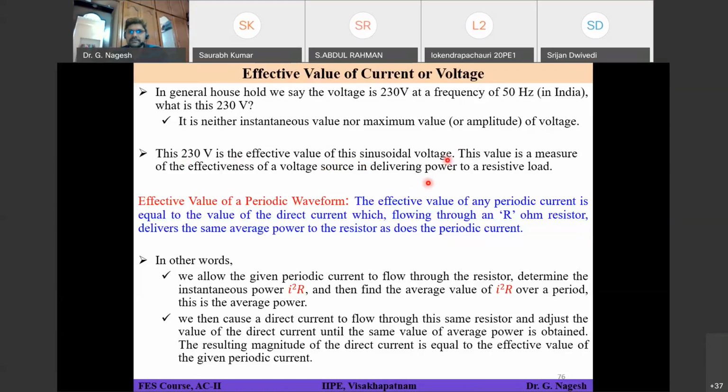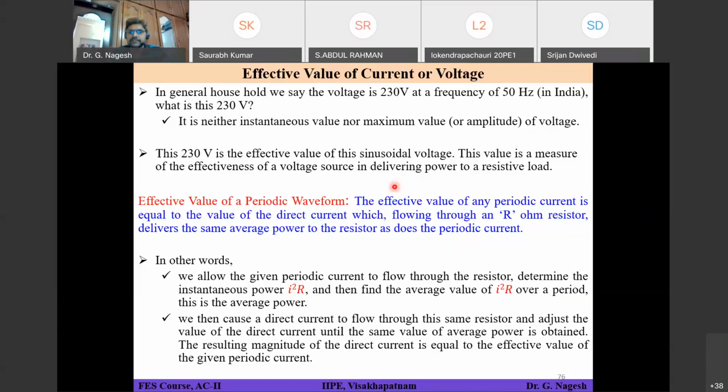It is a measure of the effectiveness of a voltage source in delivering power to a resistive load, because only a resistive load will consume power. So if you consider a resistive load, how effectively your voltage source is able to deliver power to that, we can get that indication from this effective value.